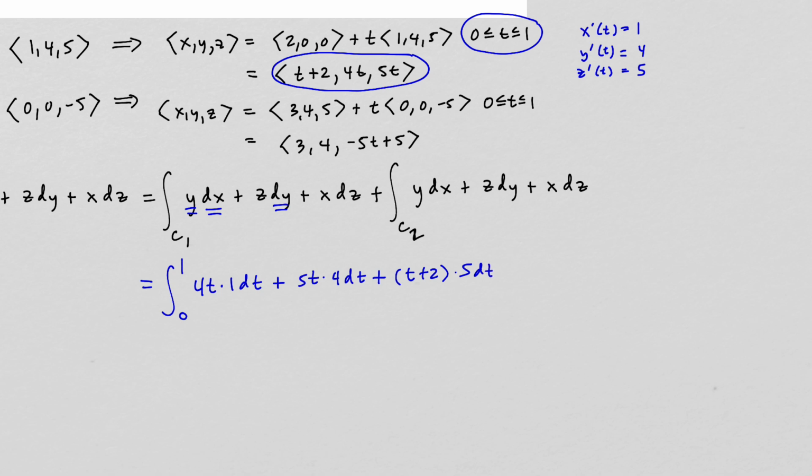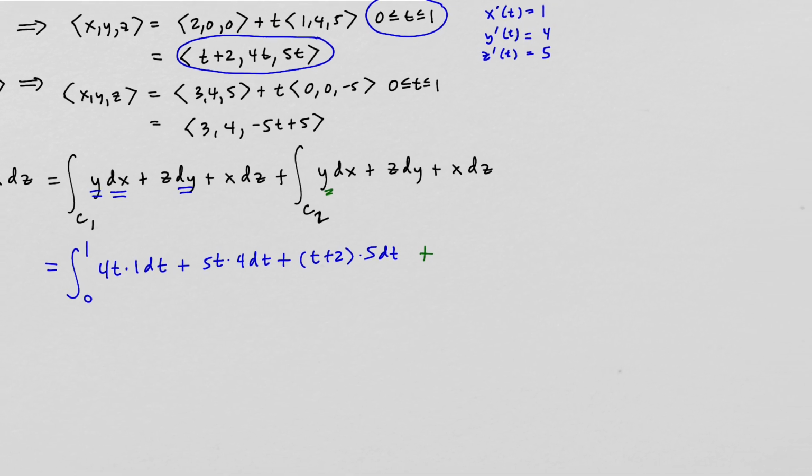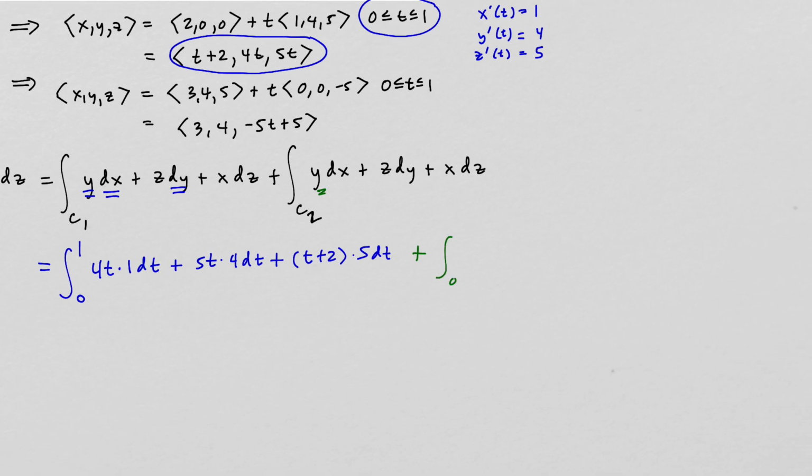And then we're going to add to that the second integral, which is this one here. And that's going to be the integral also from 0 to 1 of y, but now we're looking at these ones here. So y dx is going to be 4 times, and then what is dx? Well, x prime of t is actually 0. Y prime of t is also 0, and z prime of t is negative 5.